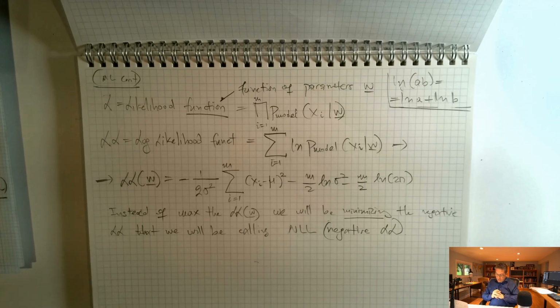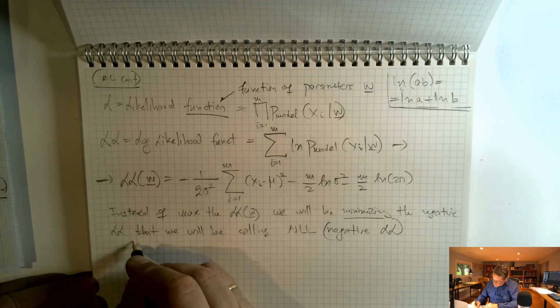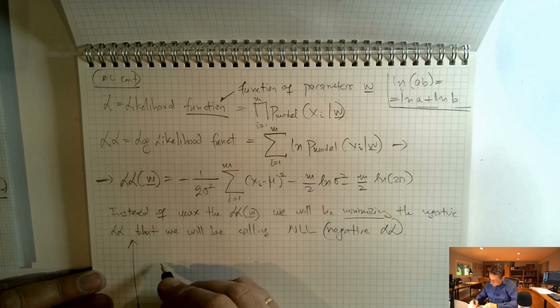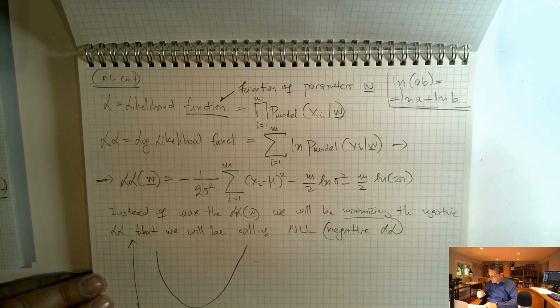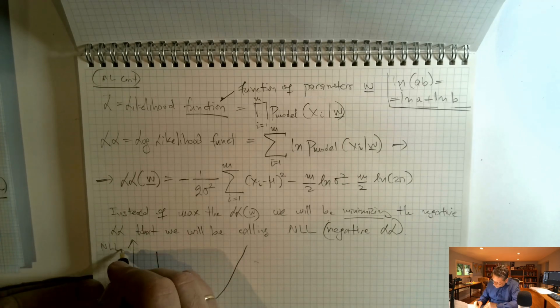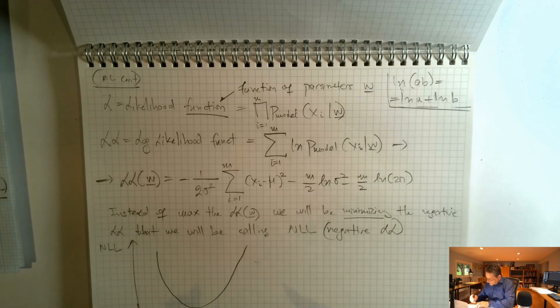Okay, so that's the shape that it will actually take. It will be a very well-behaved function in this case, because we see that we are going to have some convexity in our function. We were hoping to have the negative log likelihood function over just one of the parameters.